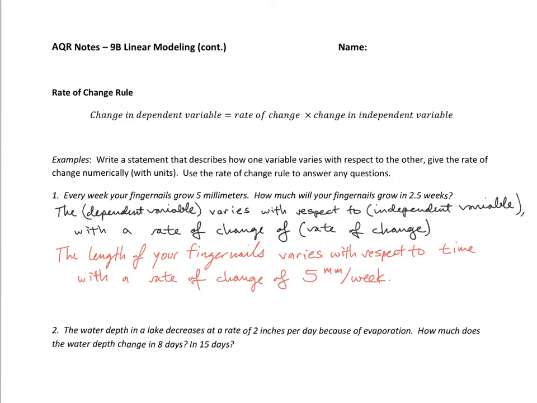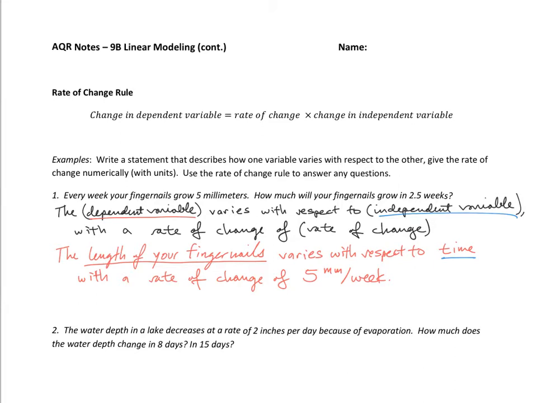So the length of your fingernails depends on your time. So the length of your fingernails is the dependent variable, and time is your independent variable. And we knew it was going to be time because if you look at the words that are used here, week and millimeters, we know that this describes the length of the fingernails and that this describes the time.